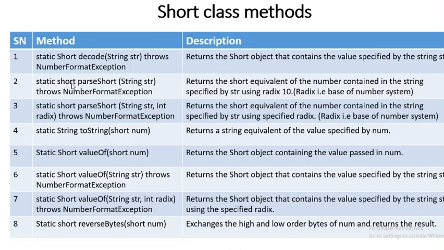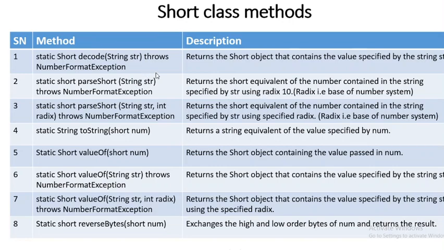Second method, return type is short, parseShort. This short is a primitive data type. In brackets argument String str returns the short equivalent of the number contained in the string specified by str using radix 10.